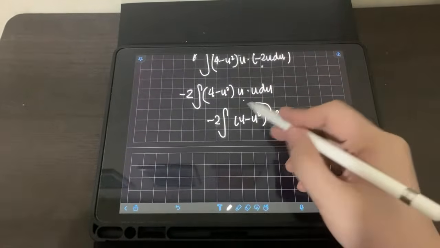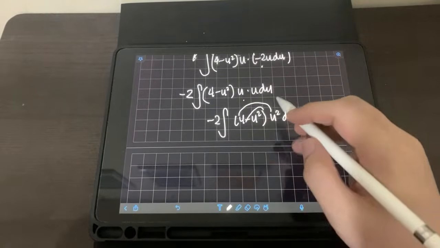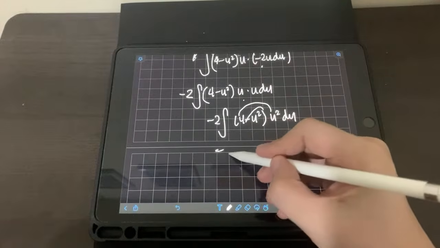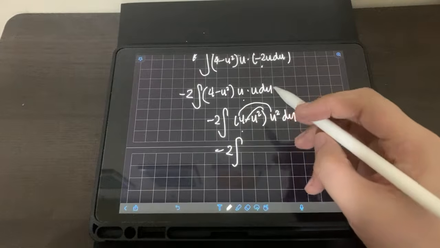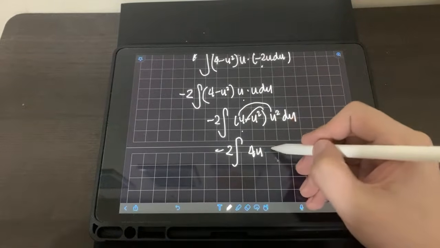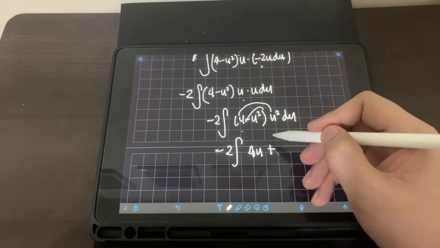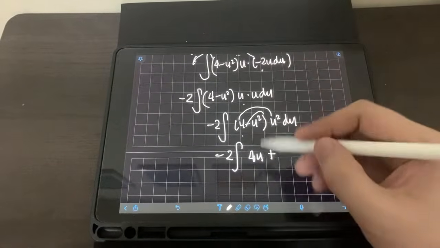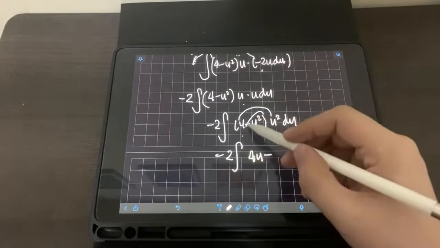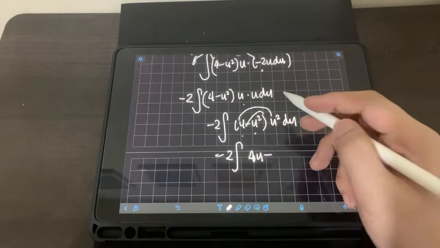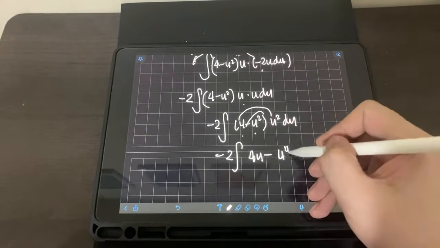And then distribute the u squared to every term. So it will become negative 2 integral of 4 times u squared, 4u squared. Okay? Plus, sorry, it should be minus. Okay? Minus u squared times u squared, it's u to the 4th.